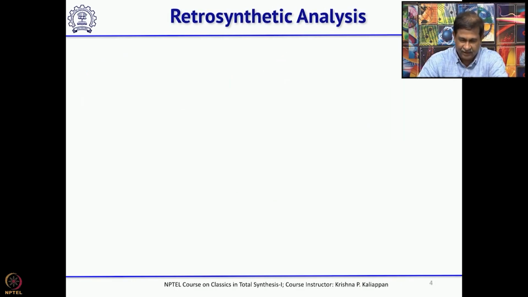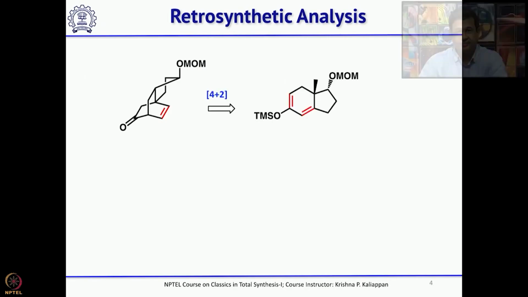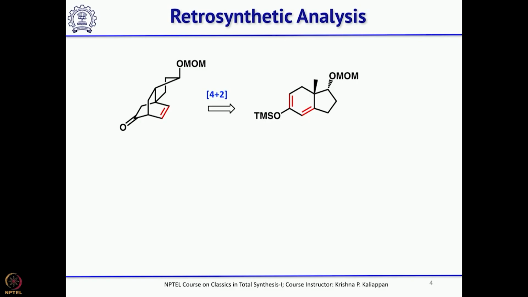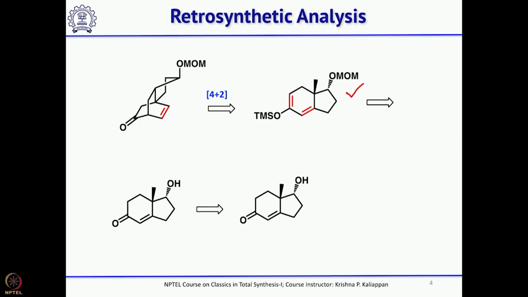When you look at this tricyclic compound, as you know, it can be obtained from a 4+2 cycloaddition reaction, wherein this is the diene. This diene can be obtained from a commercially available compound, as well as one can make this in large quantity from Hajos-Parrish ketone, and that is nothing but, if you have this, instead of alcohol, if you have ketone, that is Hajos-Parrish ketone, and that can be obtained from 2-methyl cyclopentane-1,3-dione using L-proline as the catalyst.